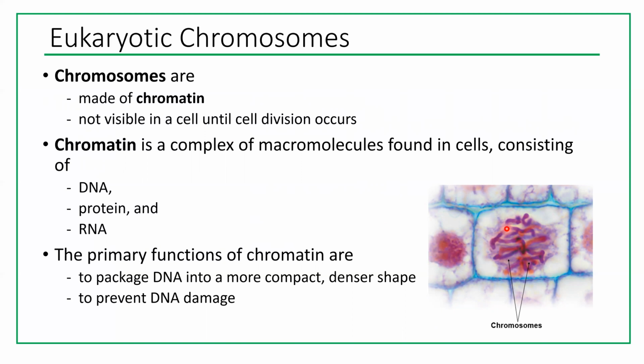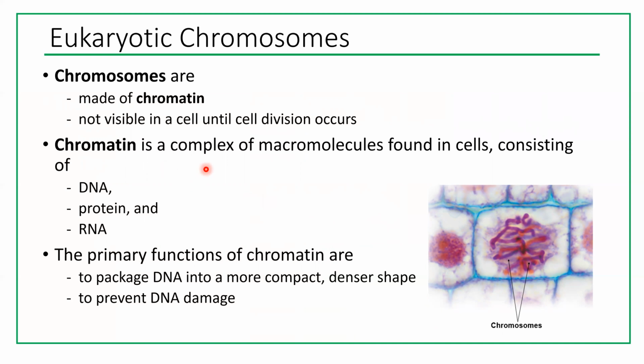Chromosomes are very distinct structures that can be seen in this cell. Well, then what is inside? Inside is chromatin. And when chromatin condenses, then we can see chromosomes. So this condensation of chromatin happens only when the cell is dividing.